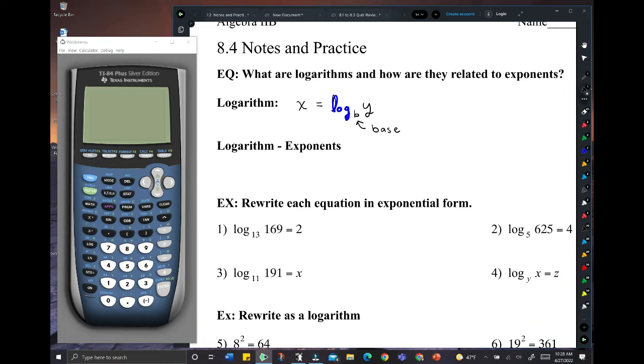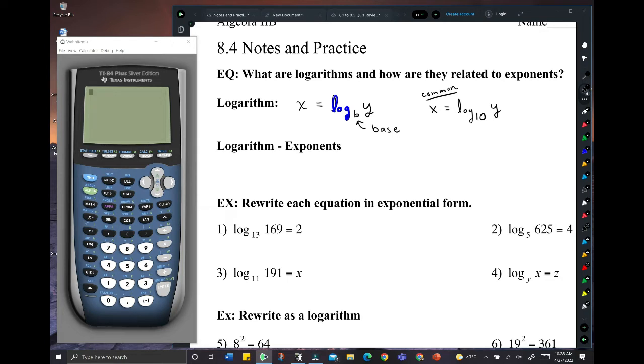The main idea today is we are going to be looking at how these relate, so rewriting them as exponents. A little note that most of the time we're going to refer to the common logarithm, not always, and the common log is always base 10. So that's the common logarithm, okay?